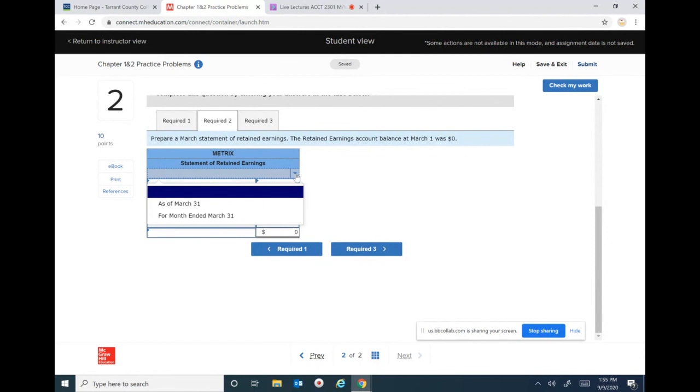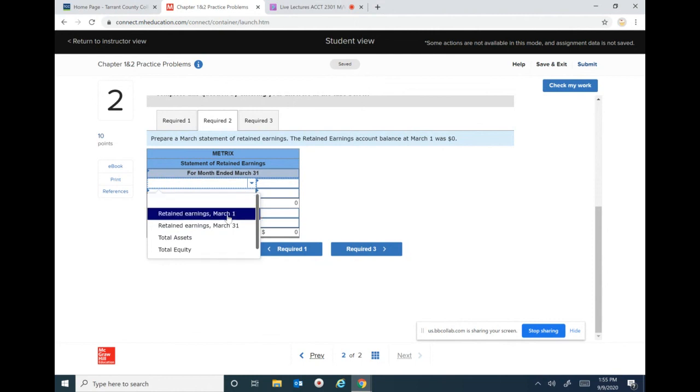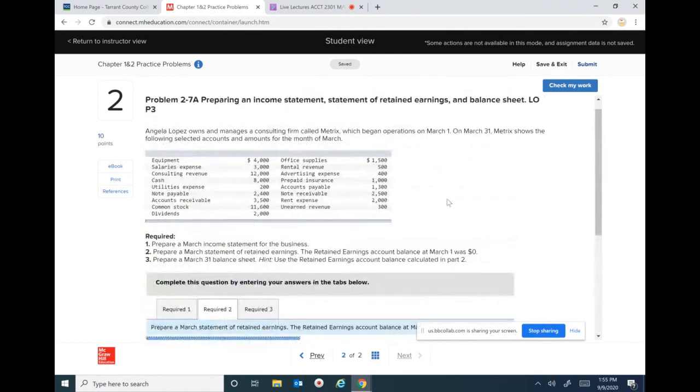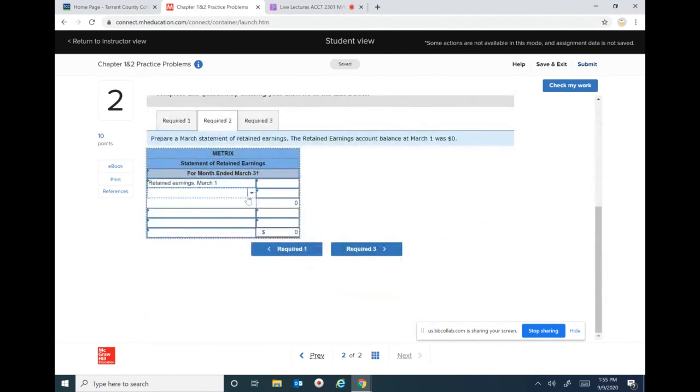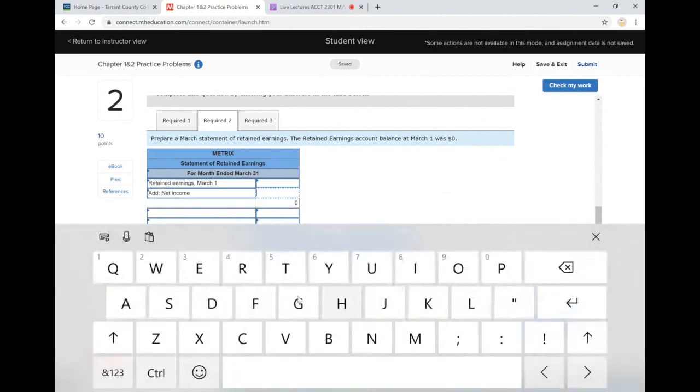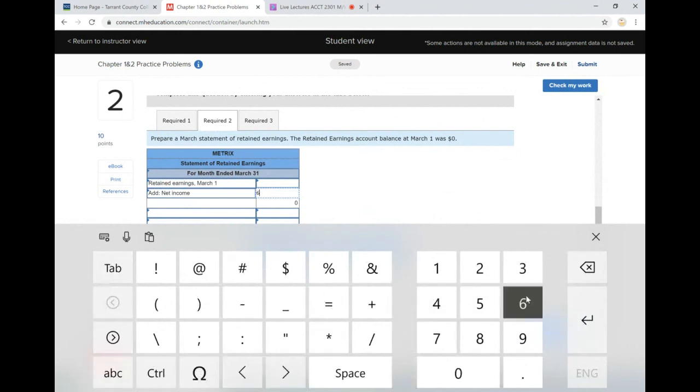All right, so statement of retained earnings is for the month ended March 31st. It would have a beginning balance on March 1st. There is nothing in this case. If I look at the table up here, there is no retained earnings March 1st. To that, I'll add net income. And net income here is the $6,900 that we just calculated.